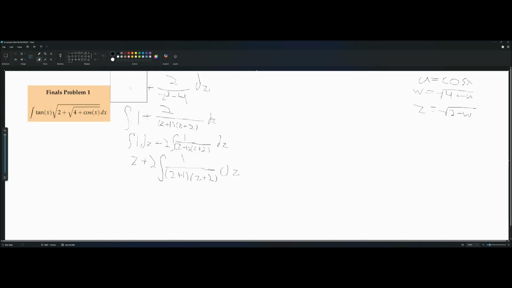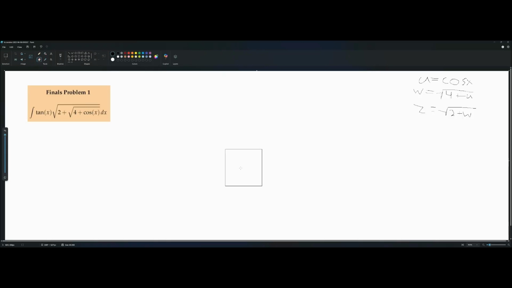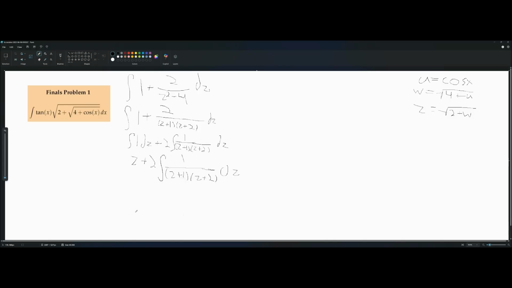So let's get this whole mess out of the way, and let's rewrite our integral. Oops, should be easy. So close. We are at the end game. Let's see. Believe I'm missing. Oh yeah, right.